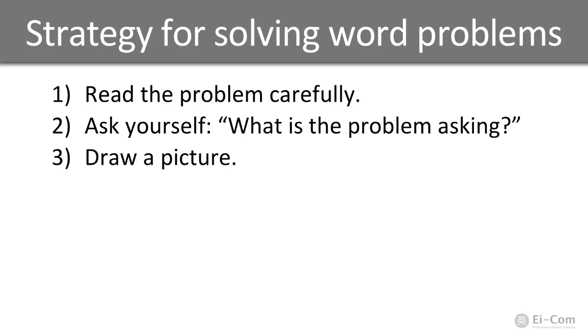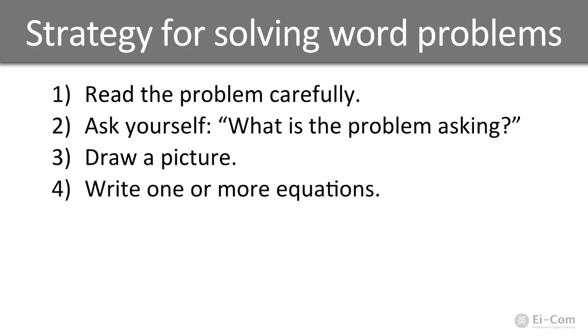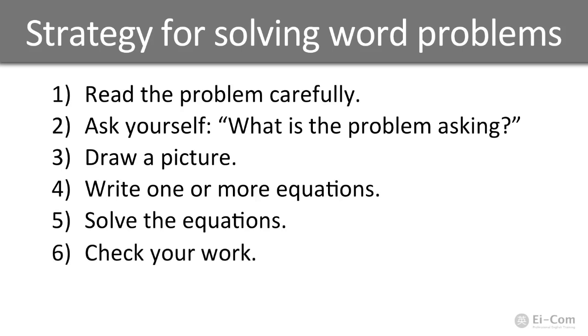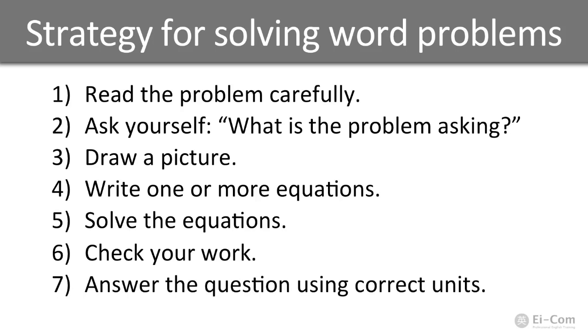Use letters to represent the unknown information. Write one or more equations using the known and unknown information. Then solve the equations. After that, check your work. And finally, answer the question using correct units.